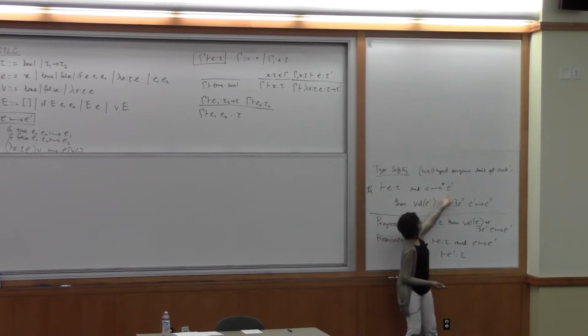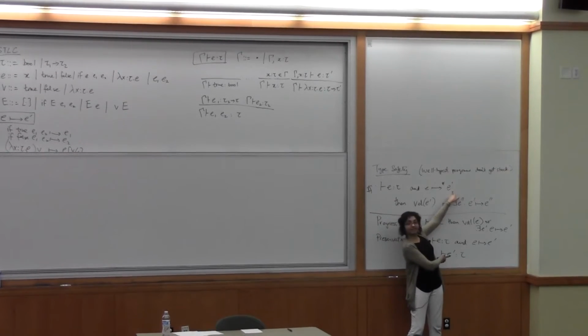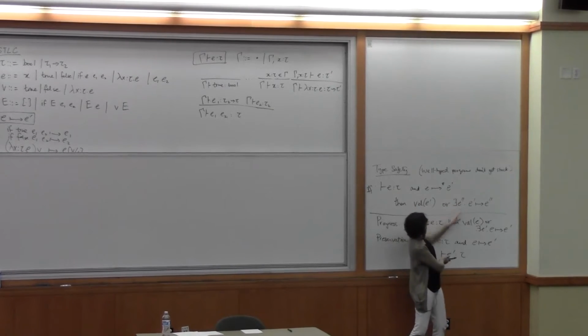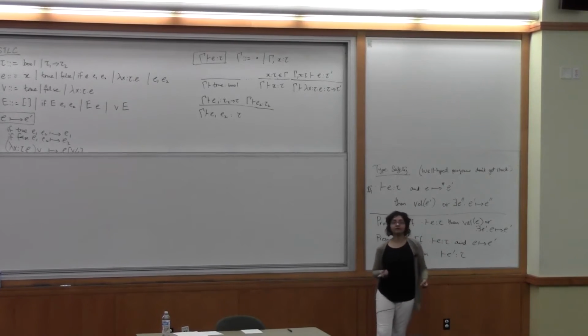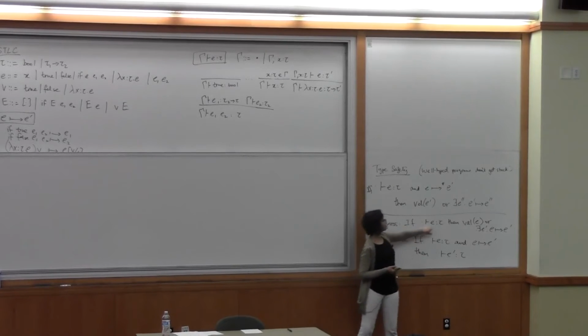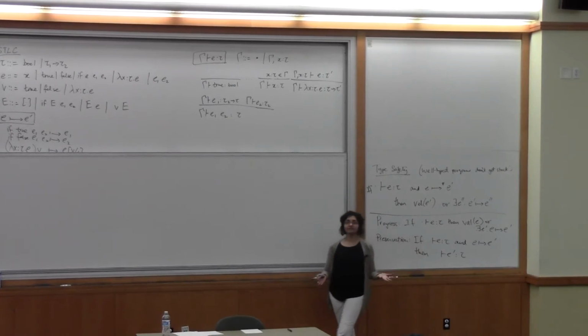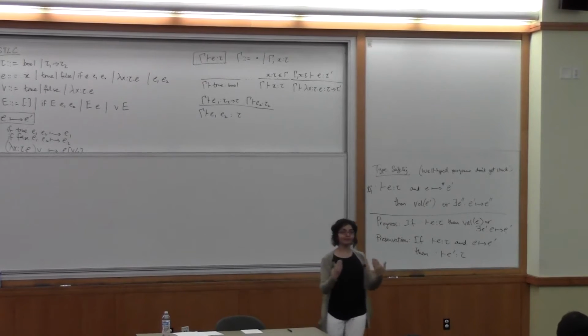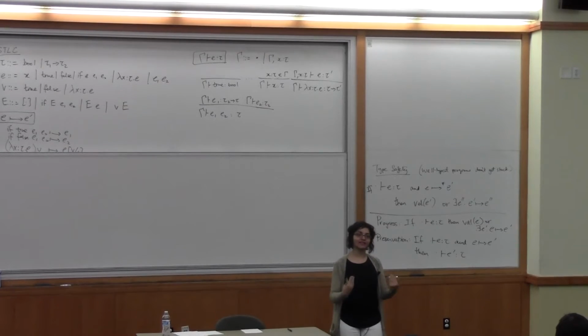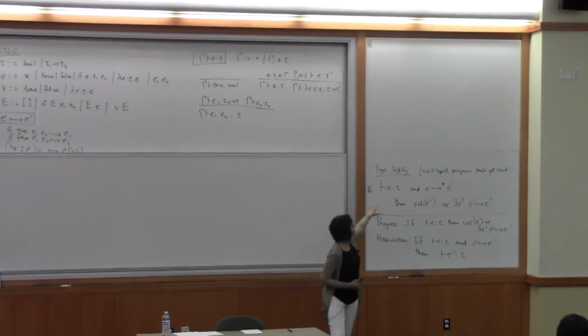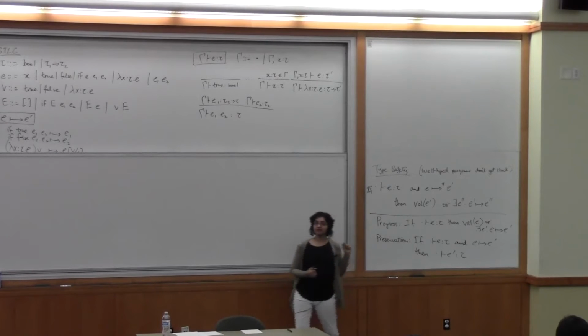So after you've taken all of these steps, you know, by progress and preservation combined, that E prime will have type tau. And now you need to show that it's a value or can step, and that follows immediately by progress applied to this E prime. But basically the idea is a ping-ponging kind of idea. The two things put together give you this stronger theorem up there.